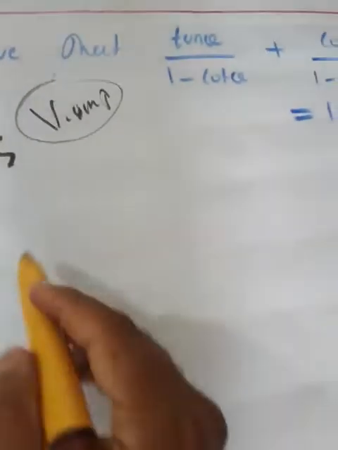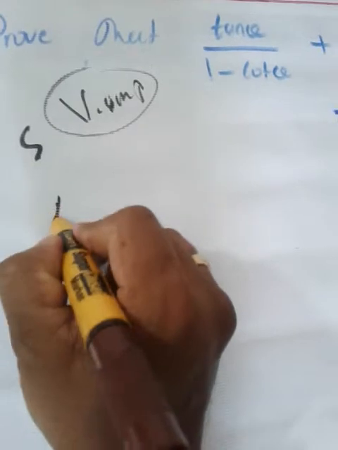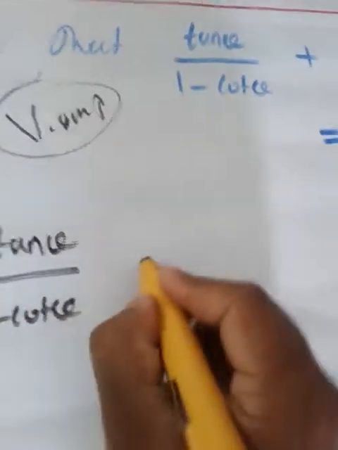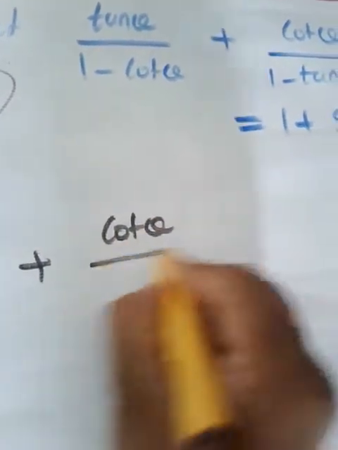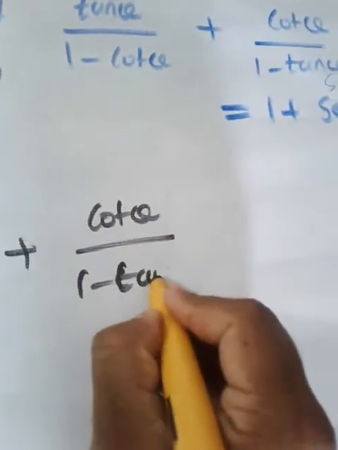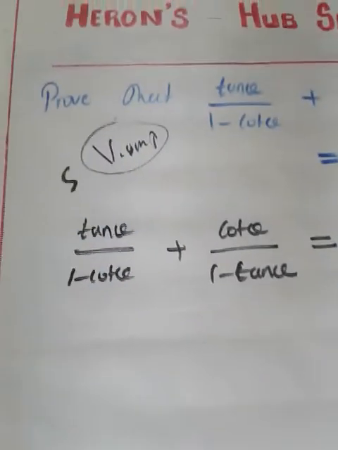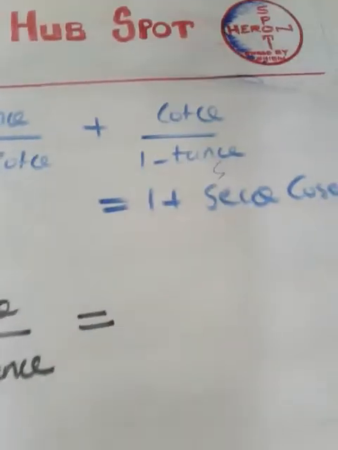Okay, you see, let me start from LHS. What LHS says, tan theta by 1 minus cot theta plus cot theta by 1 minus tan theta, this is the LHS with me. And see the RHS.